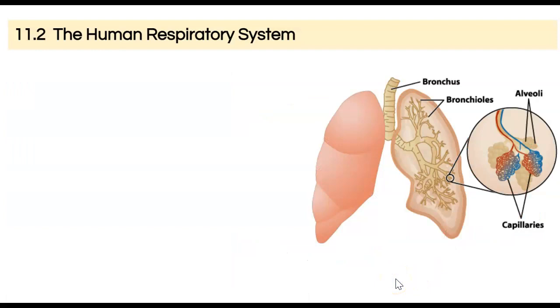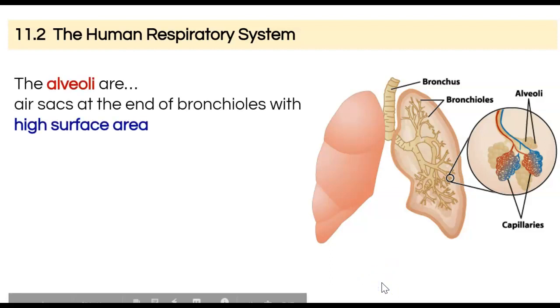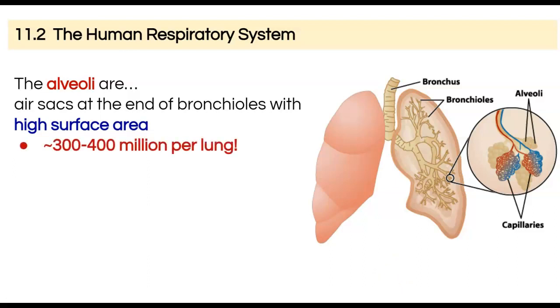So let's talk a little bit more about the alveoli. First of all, what are they? Well, they're just little air sacs at the end of our bronchioles. And what is important about their structure? Well, they have high surface area, and that allows for efficient gas exchange to occur across its surface. In fact, it depends on what study you look at.